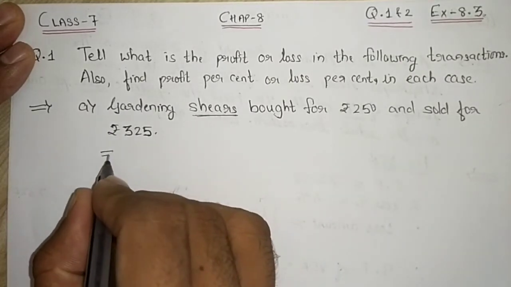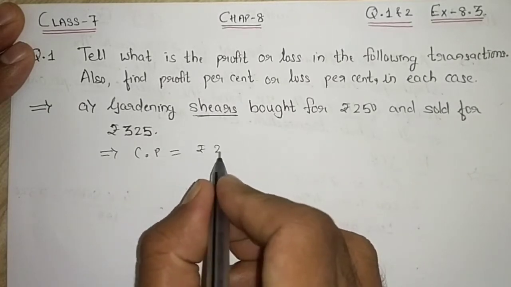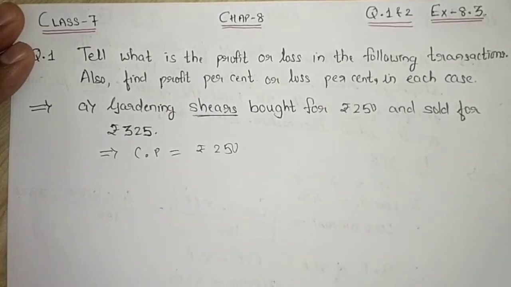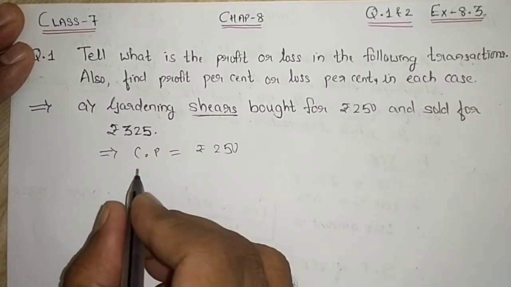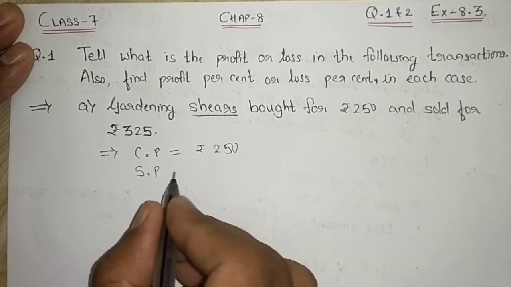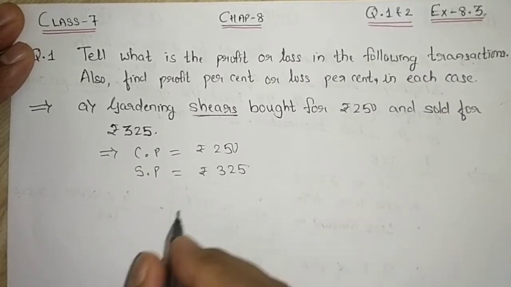Therefore, can I write cost price is equal to rupees 250? Now, and sold for rupees 325. So what is the selling price? Selling price is rupees 325.